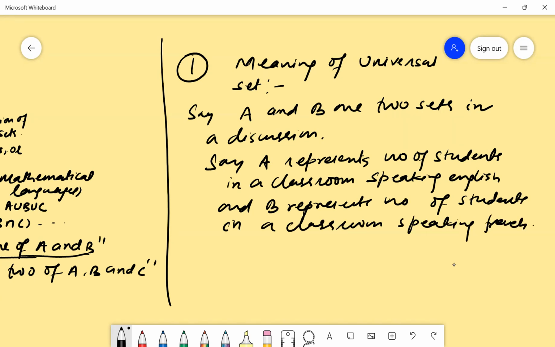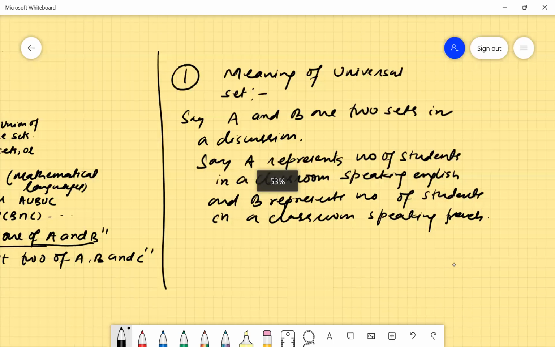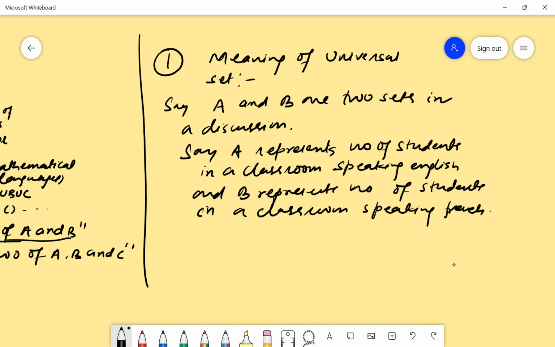Can you justify that number of students who speak English and number of students who speak French, if I combine both of them, then I will get the total number of students in that classroom? Can you justify A plus B is equal to total number of students in the classroom?